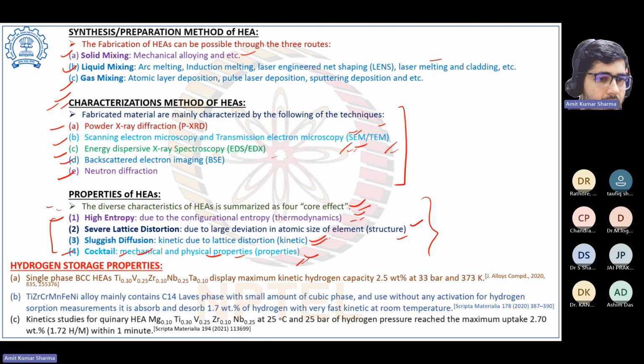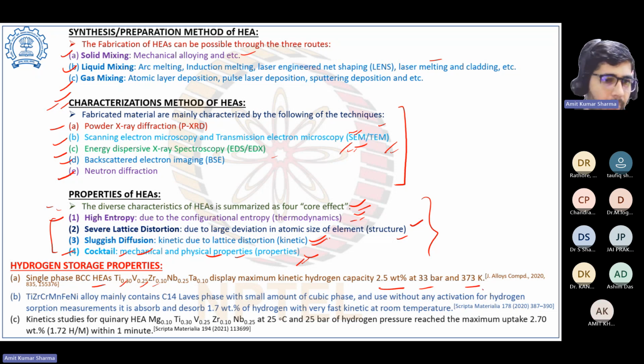Now the hydrogen storage properties. Single phase BCC HEA, like Ti.3 V.25. You can see here there are 5 elements. This displays a maximum kinetic hydrogen capacity of 2.58% at 33 bar and 373 Kelvin. Then this HEA mainly contains a C14 Laves phase with a small amount of cubic phase, and used without any activation of hydrogen measurement, it absorbs and dissolves 1.78% of hydrogen with very fast kinetics at room temperature.